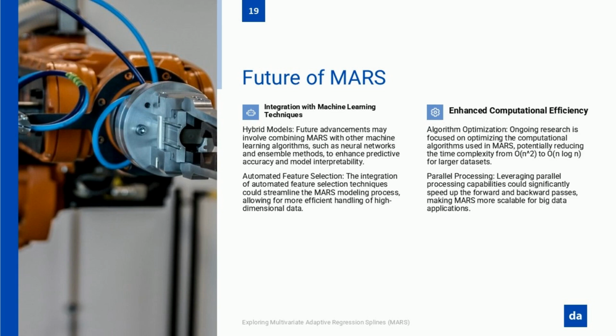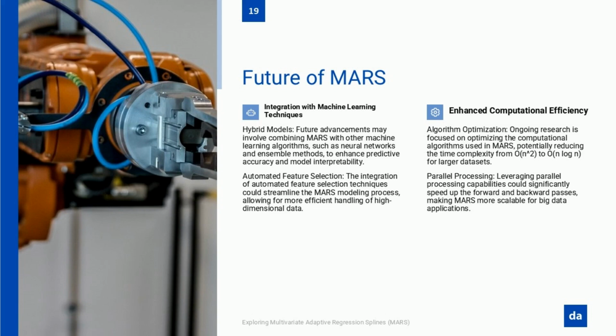Another exciting direction is the integration of MARS with machine learning models. While MARS is highly flexible, it still has limitations in capturing highly complex feature interactions that deep learning models handle well. Hybrid models that combine MARS with neural networks, random forest, or ensemble methods are being developed to get the best of both worlds.